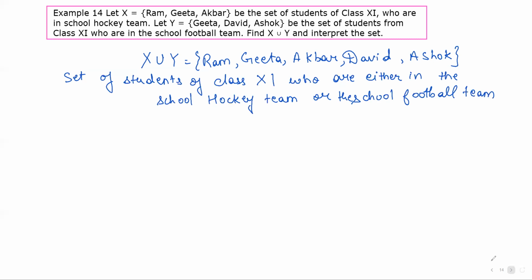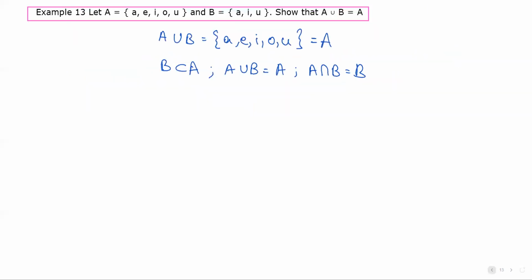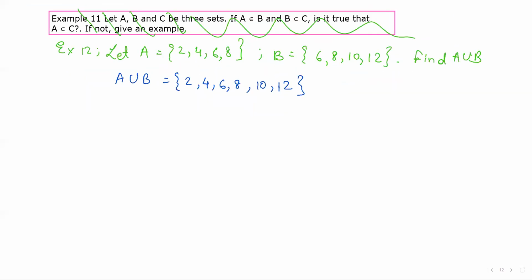Next. Consider sets A and B in example 12. Find A intersection B. Now in example 12, we had 2, 4, 6 and 6, 8, 10, 11. As you can see, the common elements over here are 6 and 8.